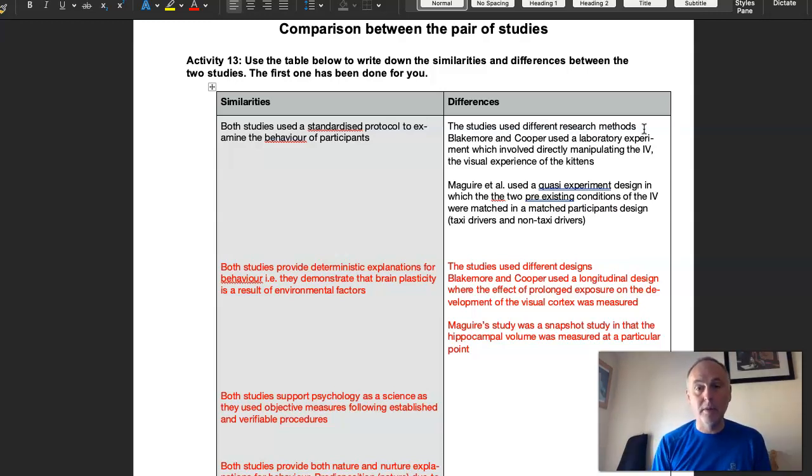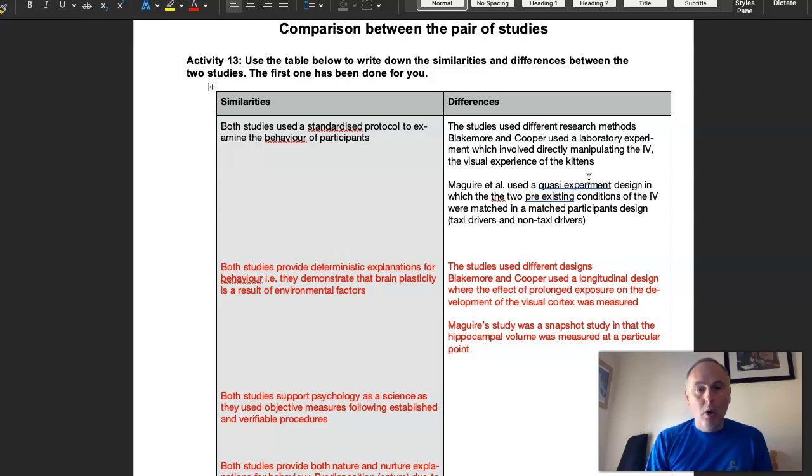So already you've got PEE. Then you need to talk about the fact that Maguire used a quasi experiment. Tell me what a quasi experiment is. So there's your next E, okay, and then you've got an example from Maguire, and why that is a quasi experiment will be your last E. So what have you done there? You've got a P, E, E, E, E. All right, P with 5 E's.